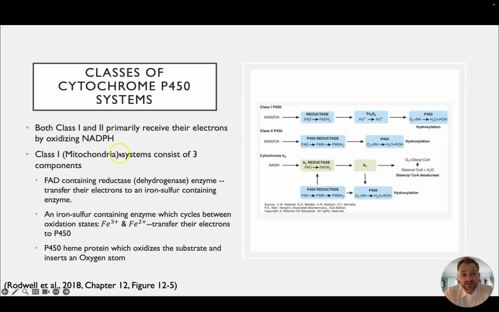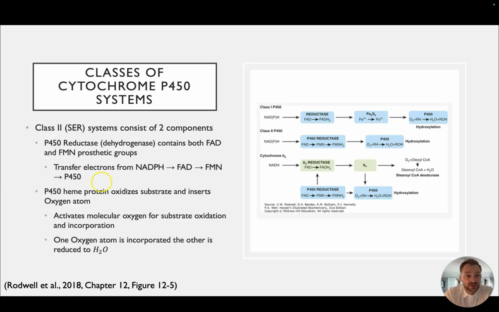Class 1 are typically found in the mitochondria, and they use a dehydrogenase which contains flavoproteins, whereas class 2 have a dehydrogenase called P450 reductase, which includes 2 different flavoprotein species to shuttle electrons over to P450. These are found in the smooth endoplasmic reticulum of many different tissues.